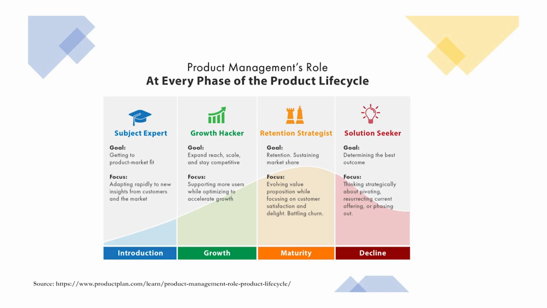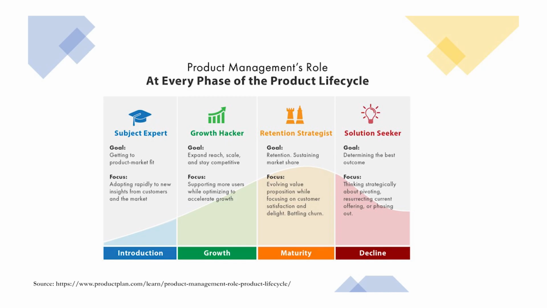So, subject expert, his focus is to adapt rapidly to the new insights from the customers in the market. So, early user feedback, so that you can really make it fit for market. The growth hacker wants to support more users while optimizing to accelerate the growth. Okay. Support more and more users, expand the reach.